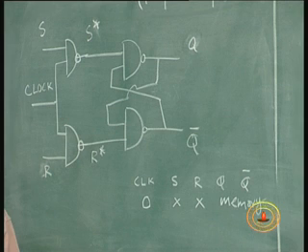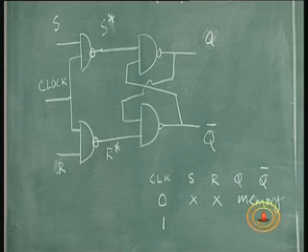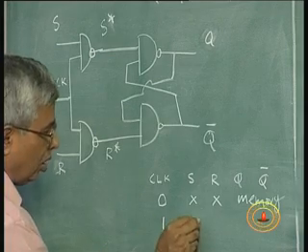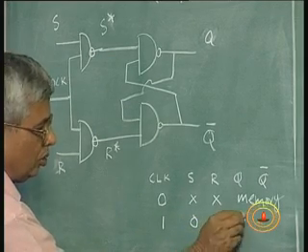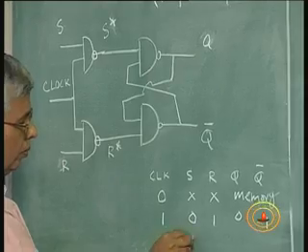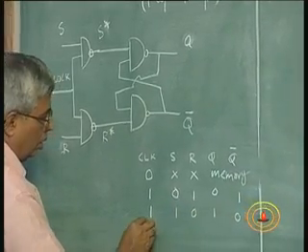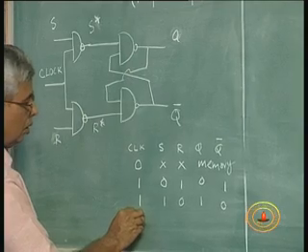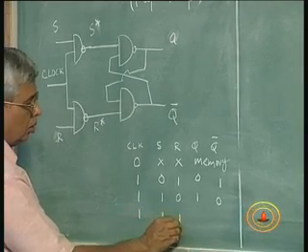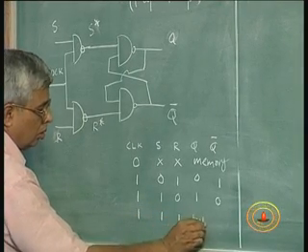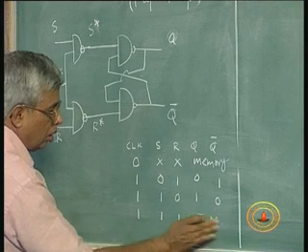If you want to put a new value and store it, the first thing I have to do is enable the clock signal by making clock equal to 1. Then S and R can be 0 or 1, and the combination 1 1 is not permitted or not used.